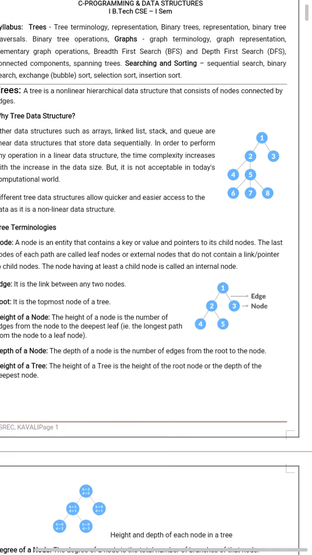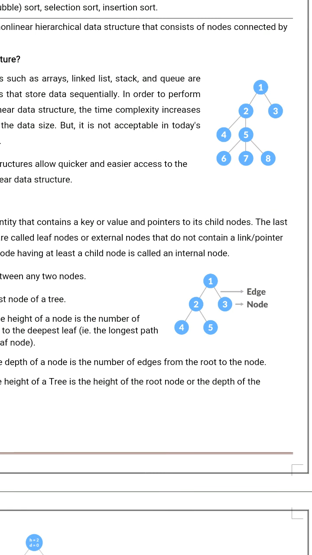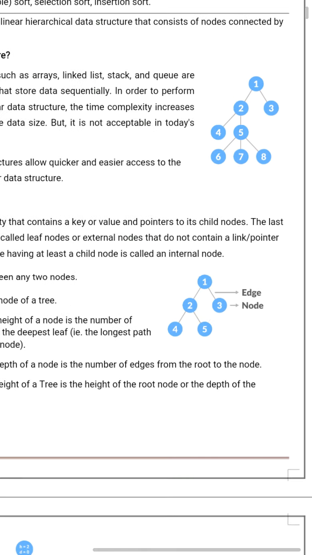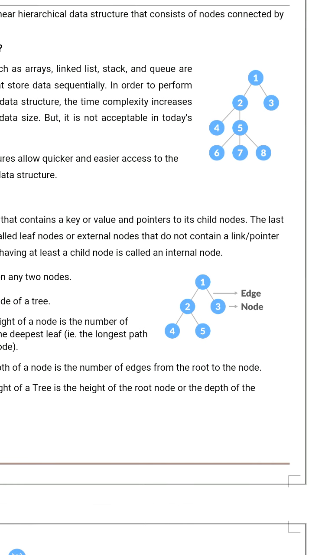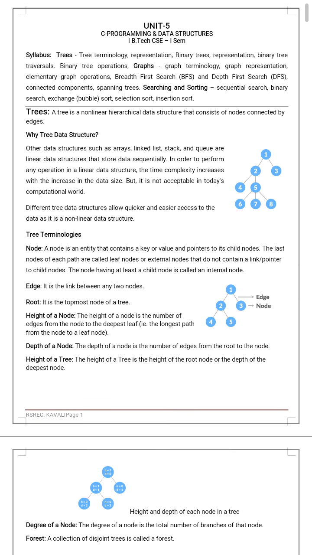So in this tree, 3, 4, and 5 are the leaf nodes, which cannot point to other nodes, and they can also be called external nodes. Node number 2 is an internal node, and node number 1 is the root node. These are the different terminologies.